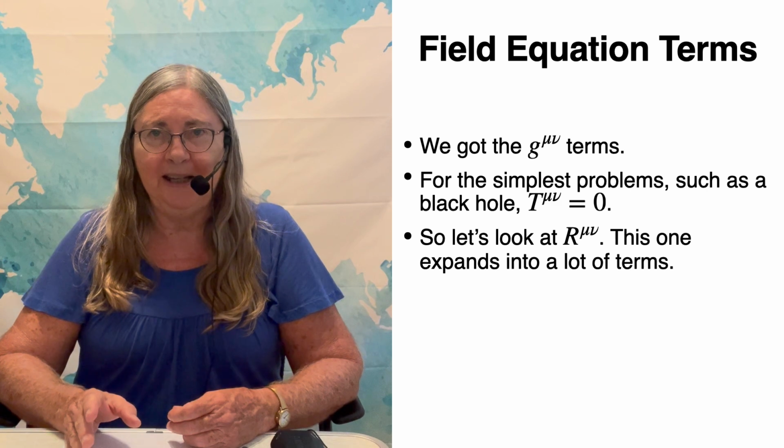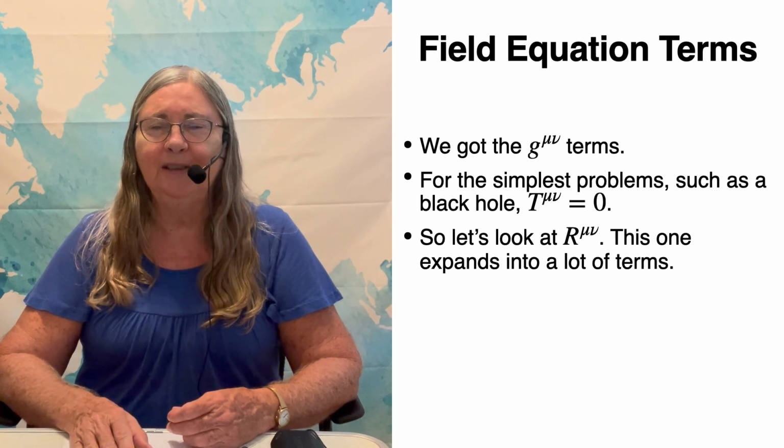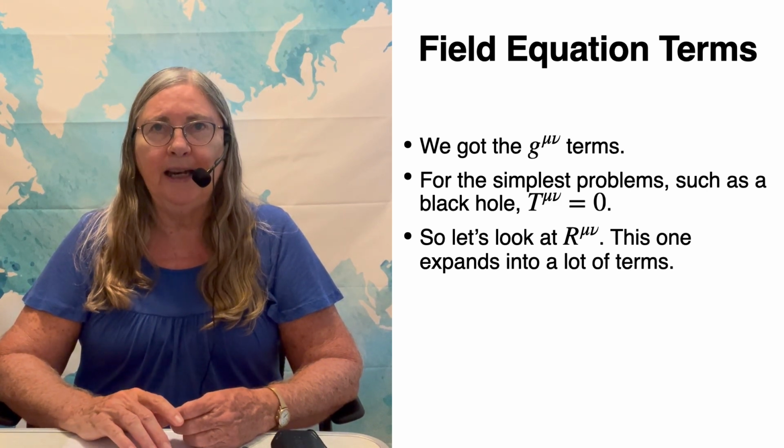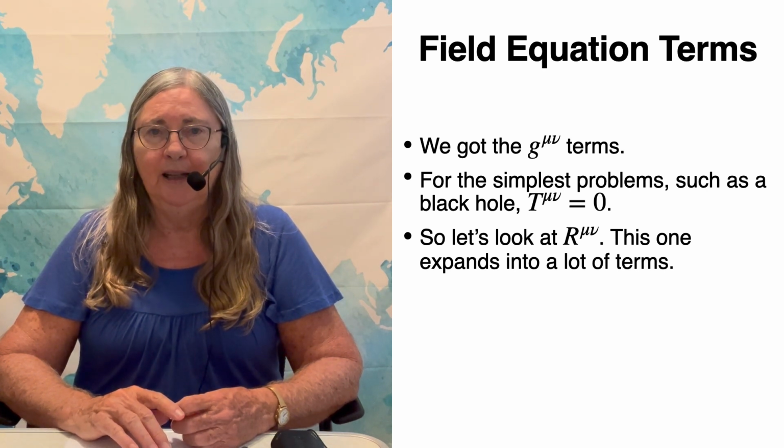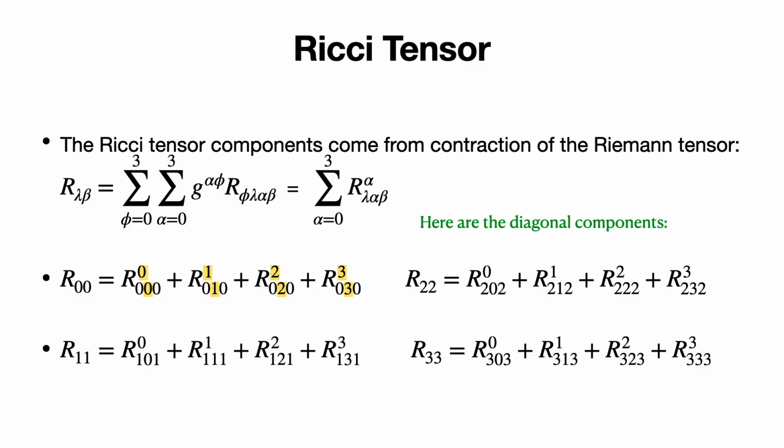That helps a lot in making it simplified. So what we need to look at is that first term, R mu nu. And this is where it gets very complicated because each of those 16 terms can be expanded 3 times into a lot more terms. It's called the Ricci tensor.